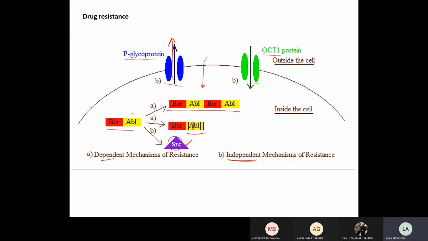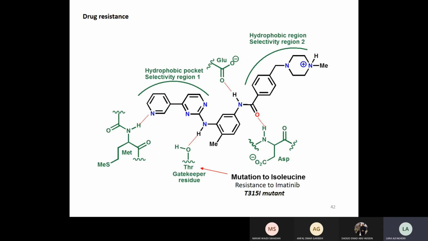Now one mechanism we are interested in regarding imatinib is the mutation in the ABL kinase, one single mutation which is the main reason for resistance against imatinib: the change of the threonine, the gatekeeper residue, into isoleucine. When you see T315I mutant, it means this kinase has changed its threonine, which has a sequence number of 315, to isoleucine.